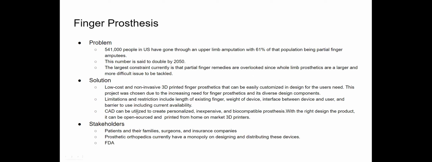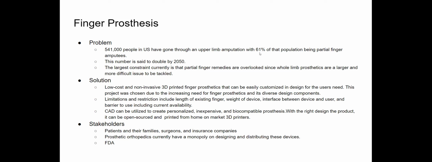You're going to elaborate a little bit more in this part over what's part of your project. For our project, like in the last presentation, you have your problem, your solution, and your stakeholders. We included how many people in the US go through amputations, and specifically what percentage of them have finger amputations, which is what we're trying to focus on, and the projections of it.